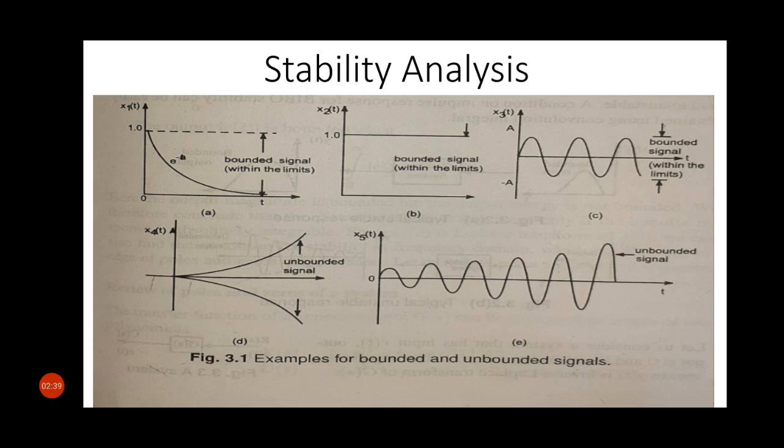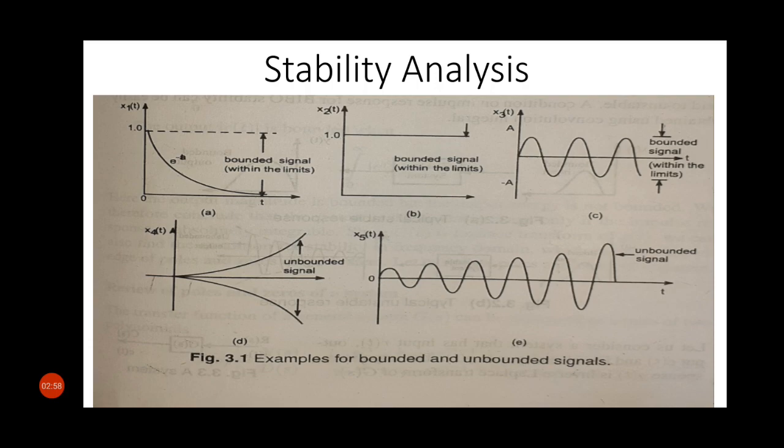So, next two, that means figure D and E. In figure D, we can see the exponential function with a greater than 0 increases to infinity as time tends to infinity.